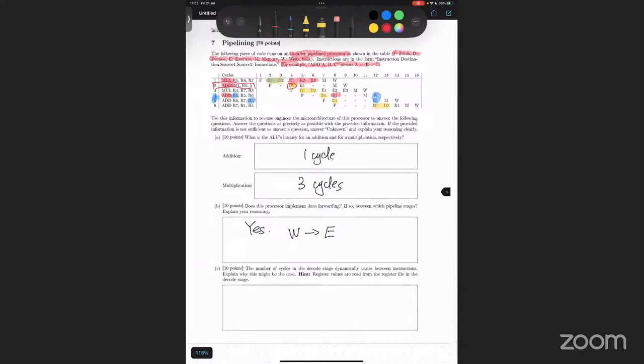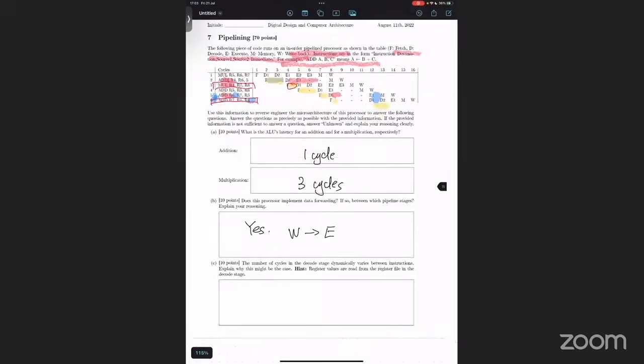Also take a look at the 5th instruction that we just saw, which has one of its data forwarded from the write back stage of instruction 4, and it also takes only 1 cycle.